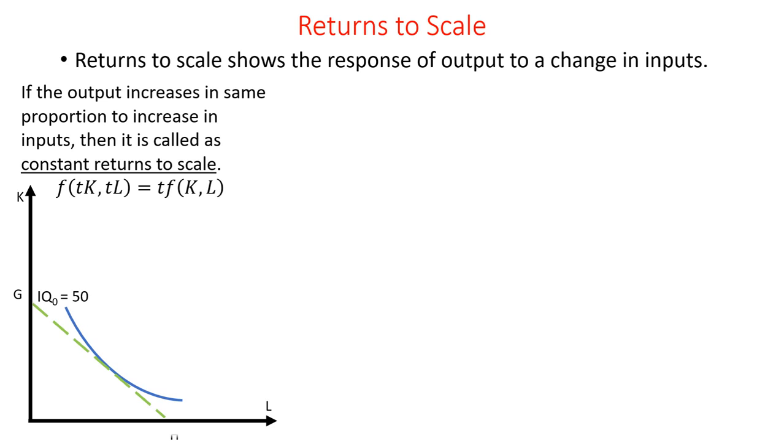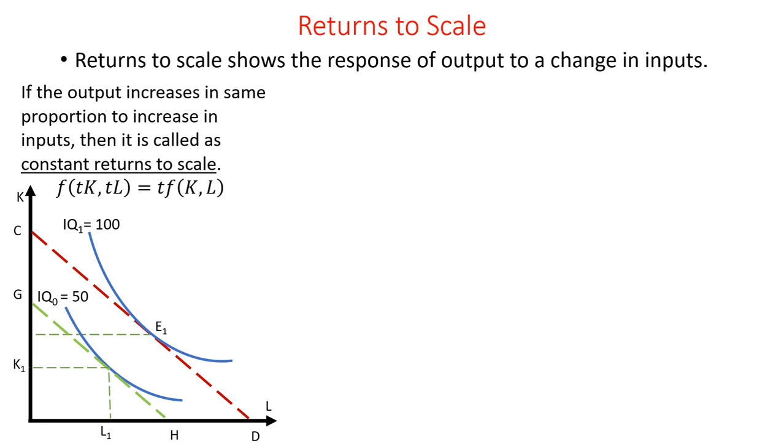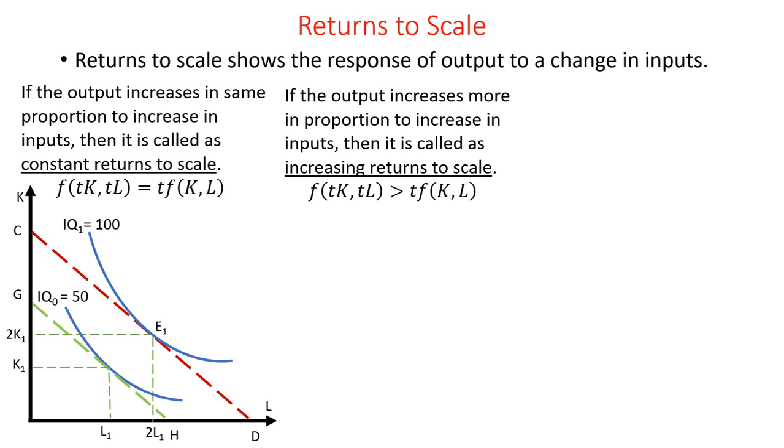If this is the case, then this is called as constant returns to scale, represented as. The second possibility is that the increase in output is more in proportion to increase in inputs.